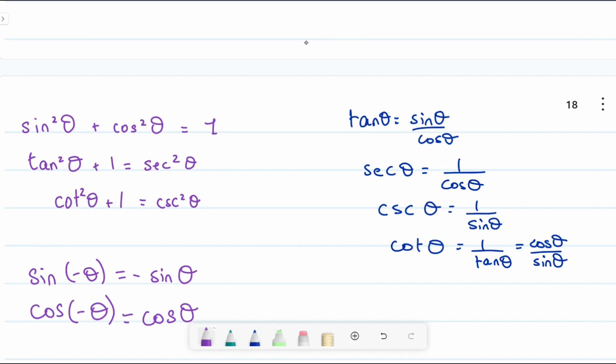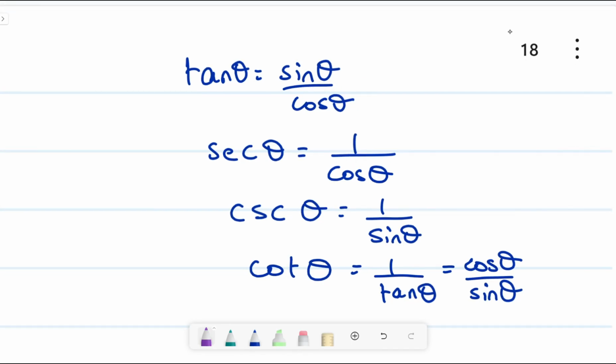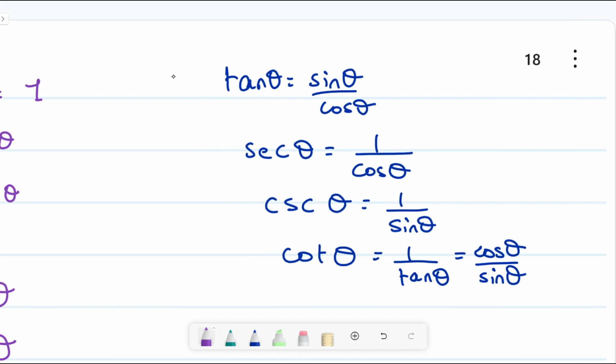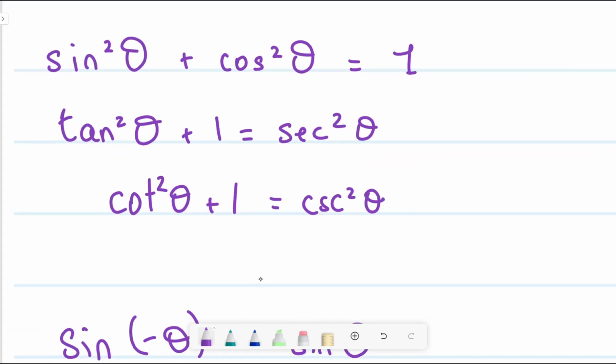So now let's just remind you that tan of theta is sine of theta divided by cosine of theta. Secant of theta is 1 divided by cosine of theta. Cosecant of theta is 1 divided by sine of theta. Cotangent of theta is 1 divided by tangent of theta, which is equal to cosine of theta divided by sine of theta.